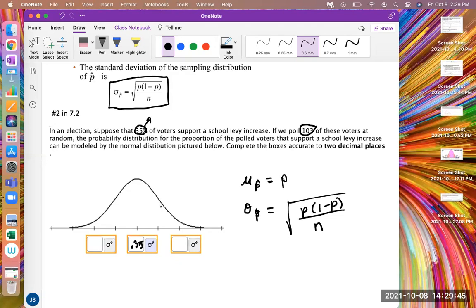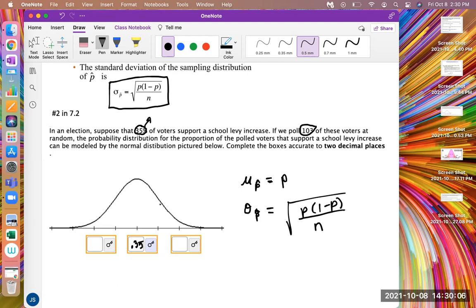Technically, that's not true. If I pull one school levy supporter out of the population, now there's one less person, so it's harder to find a second because there are fewer supporters out there.